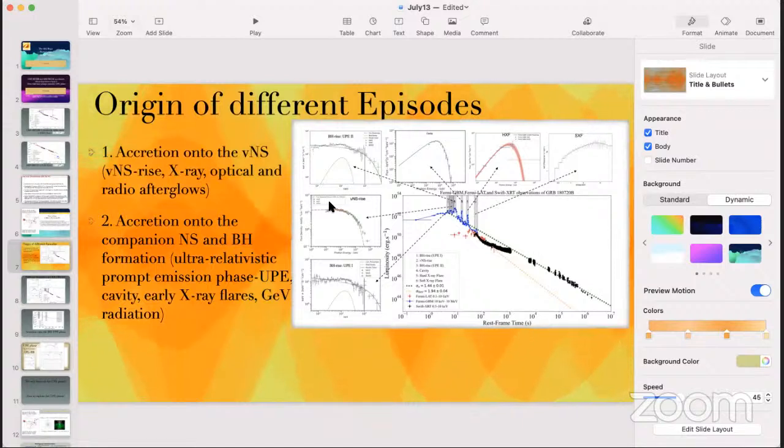Therefore, GRB have been essential in understanding black holes. And then we can use them at z equal 10 in active galactic nuclei. This is my great message. But this is due to the work Jorge did with the scaling.